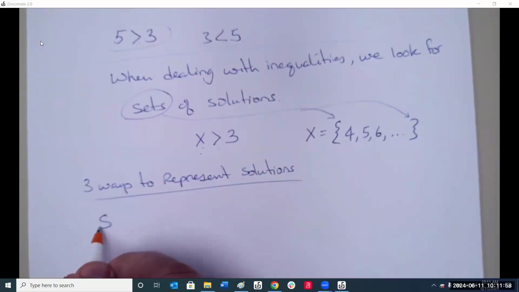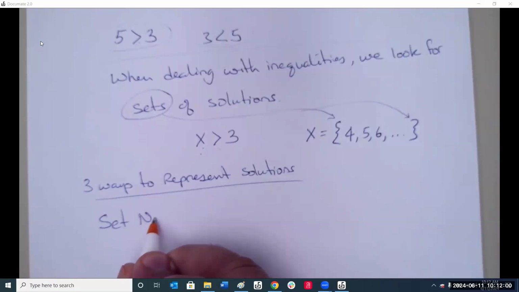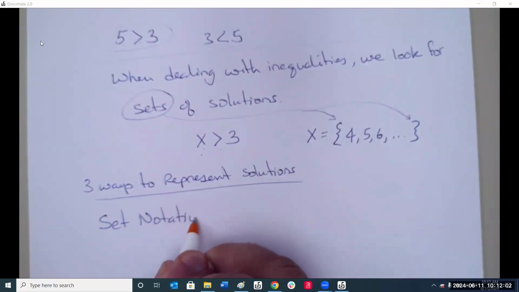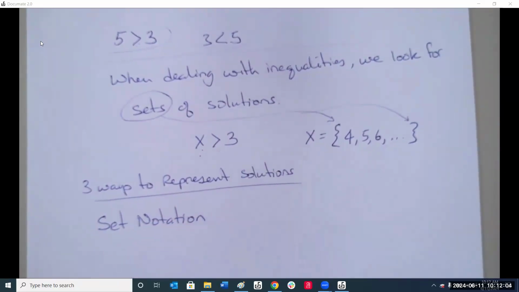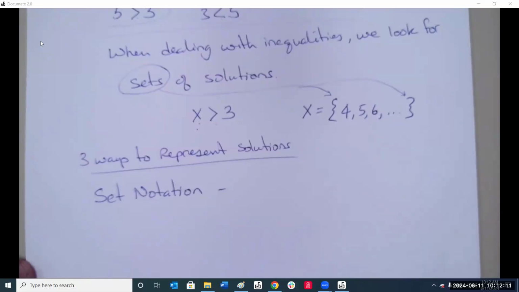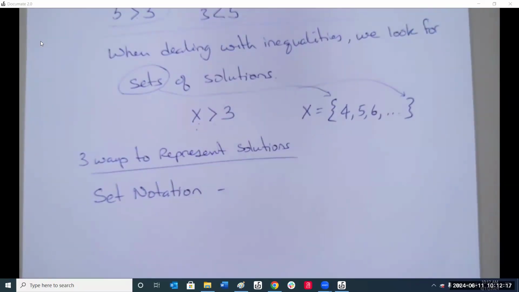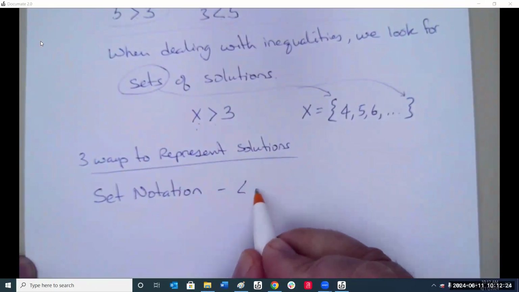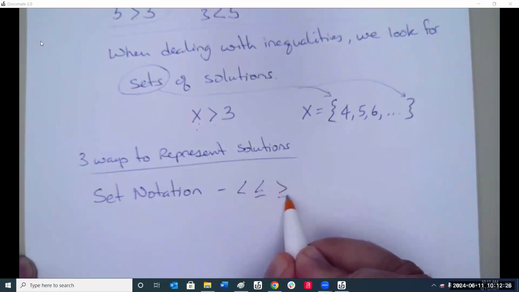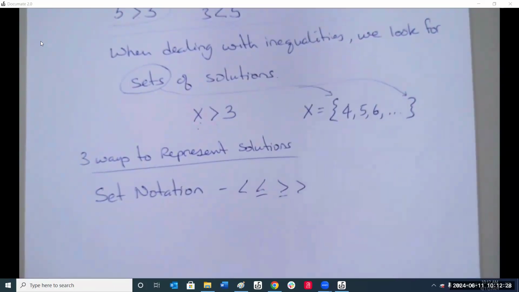The first way is called set notation. When we're dealing with set notation, that's when we deal with the inequalities.